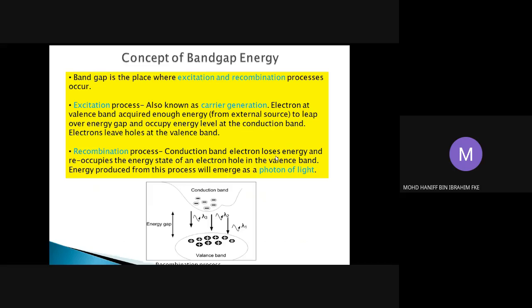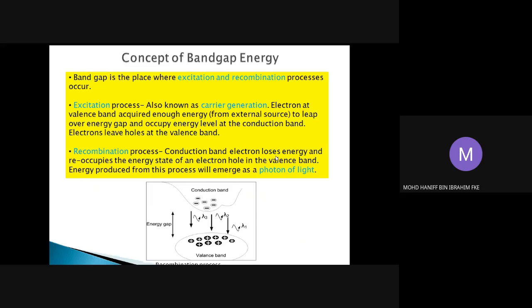The electron, initially at the valence band, is excited by the external source, which is the driving current, and it has enough energy to leap over to the conduction band. The movement of this electron leaves a hole at the valence band. So now we have electrons at the conduction band and holes at the valence band. This is what we call carrier generation.